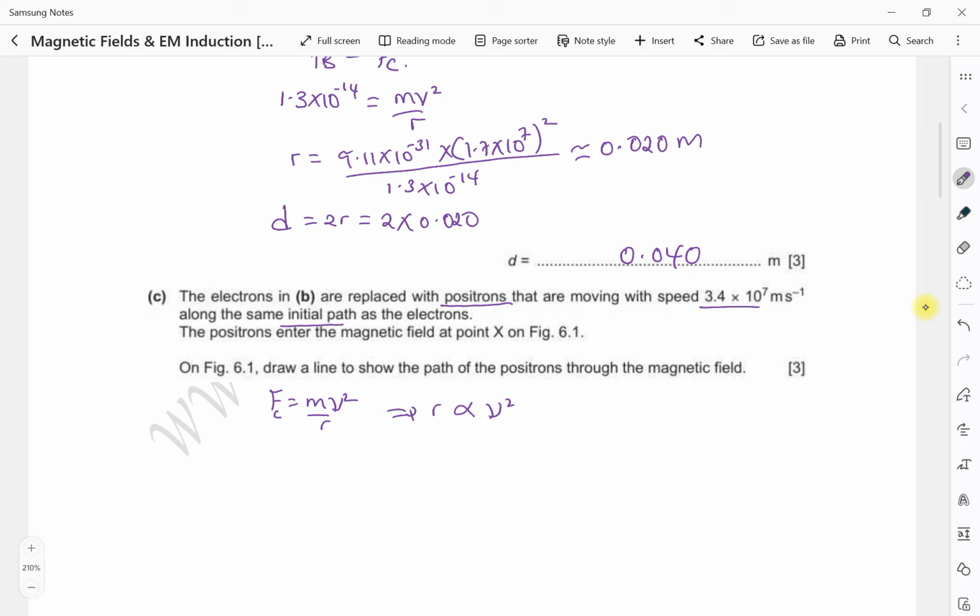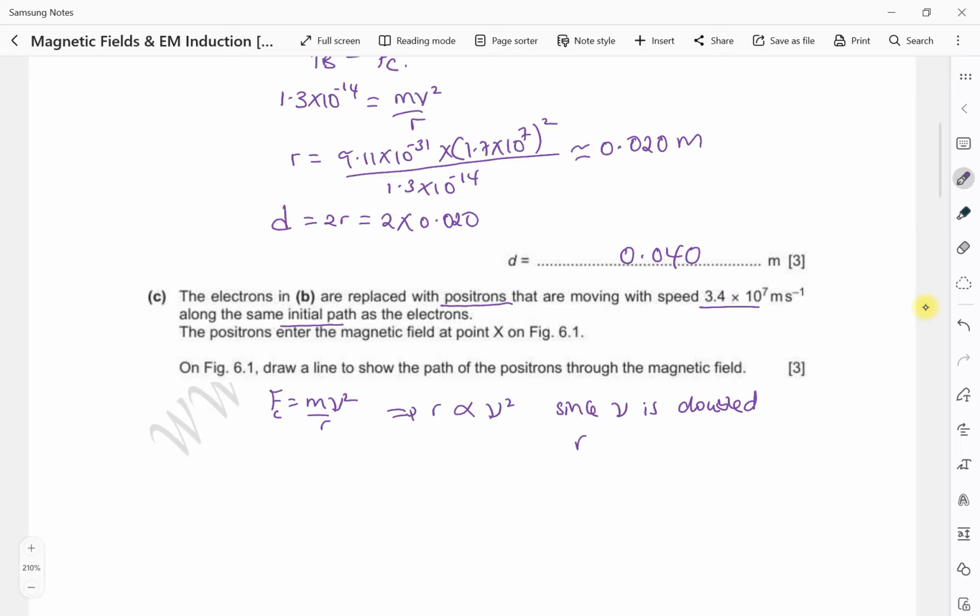So v is doubled. Since v has been doubled, the radius is going to be 4 times.